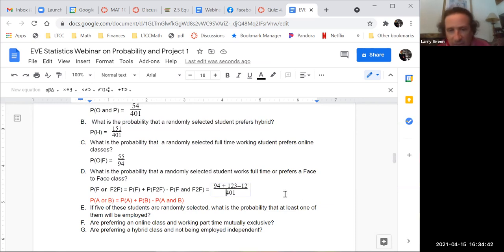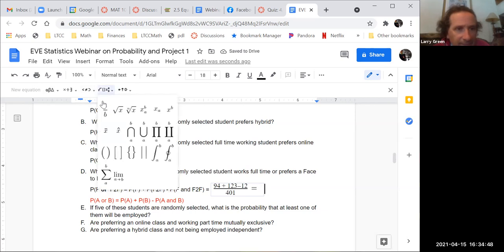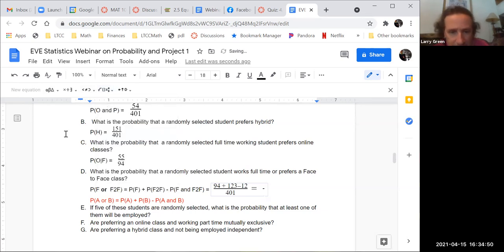And now let's just do that subtraction. So notice 94 minus 12 is 82. 123 plus 82 is 205 over 401. Any questions on the process on part D?